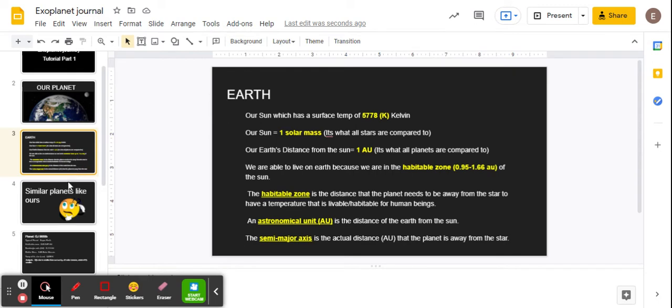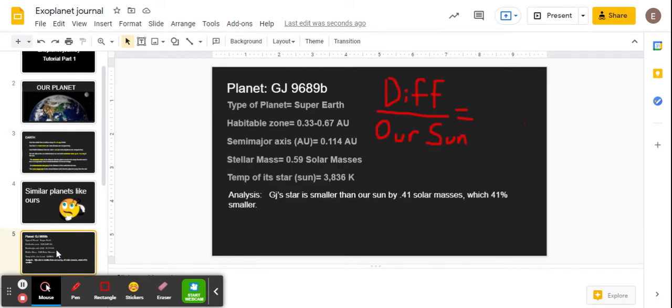So 5,778 is ours, and GJ's is 3,836. Go to a calculator, take the difference, and you're going to wind up with 1942 as the difference. 1942 divided by our sun's temperature, which would be 5,778.